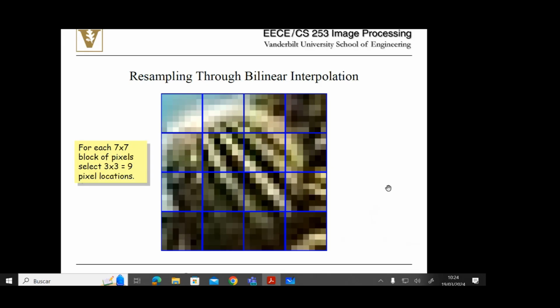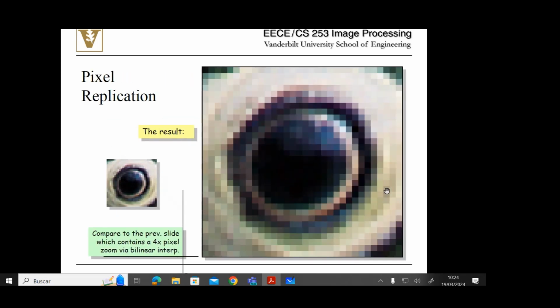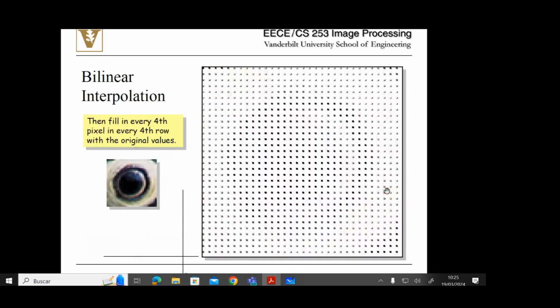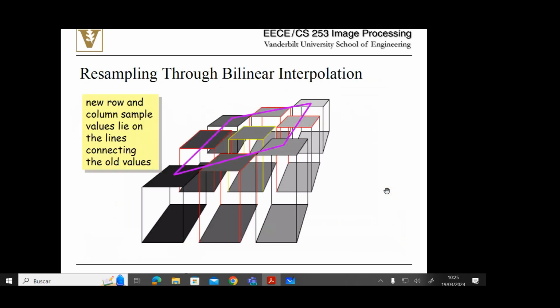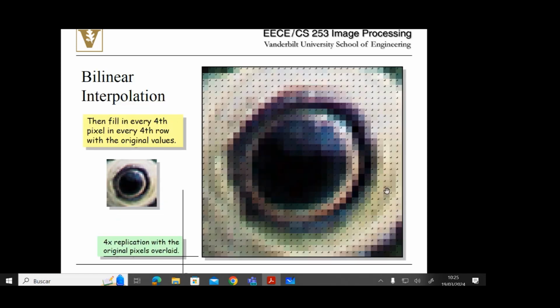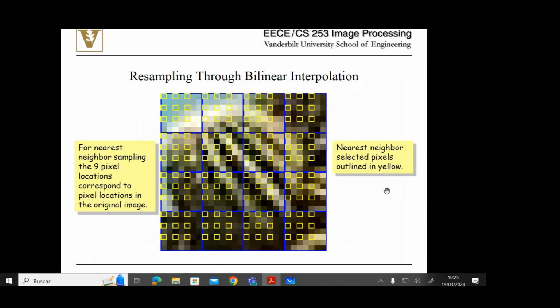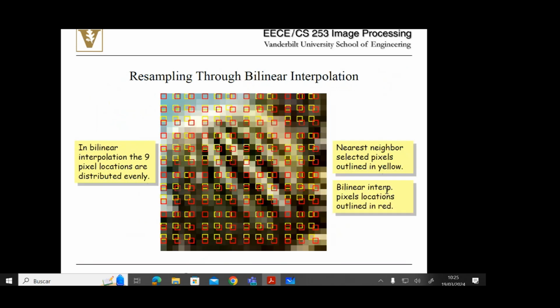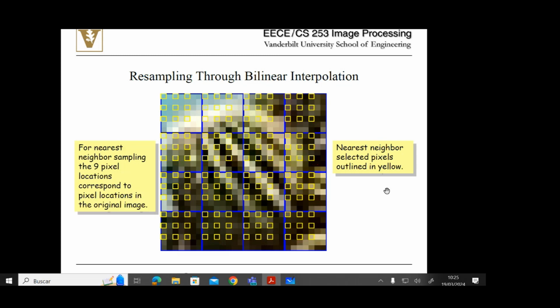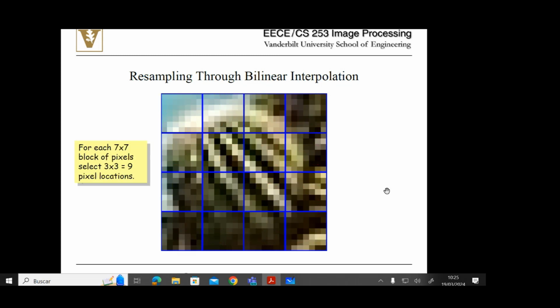But then when you have to evaluate what the input image is at that fractional coordinate, you are using this approach of fitting planes. We will have these next. Any question? Yes.